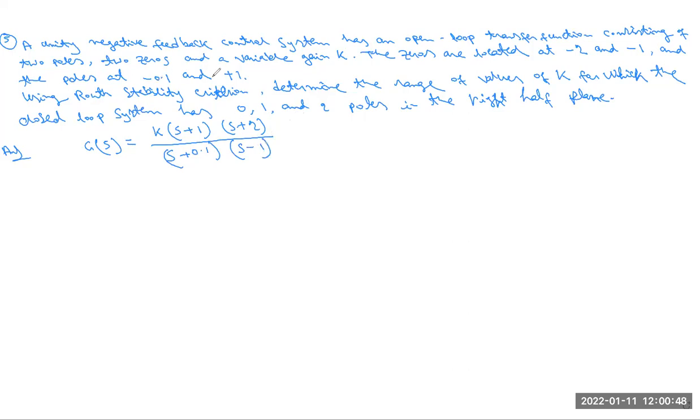These are the two zeros and two poles: the zeros are at -2 and -1, and the poles are at -0.1 and +1.